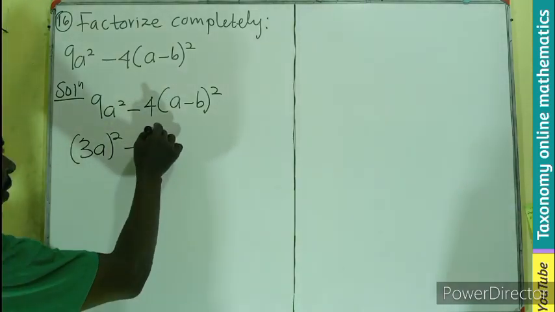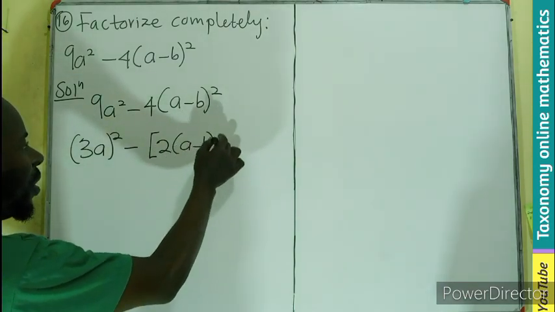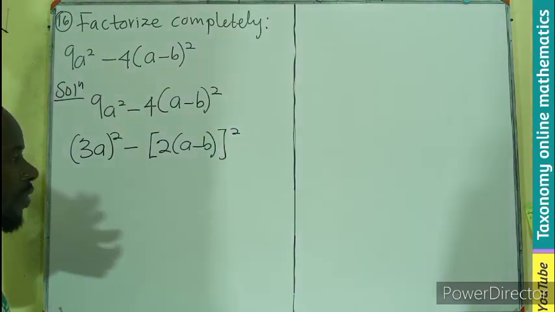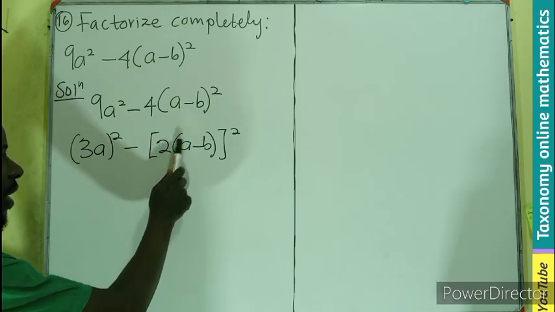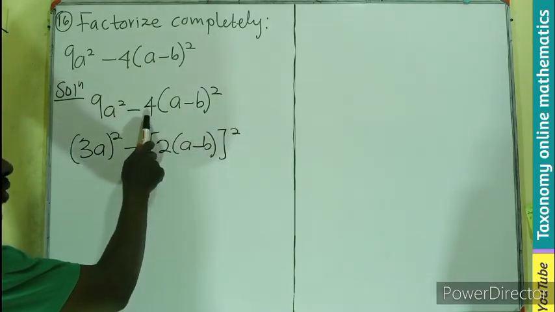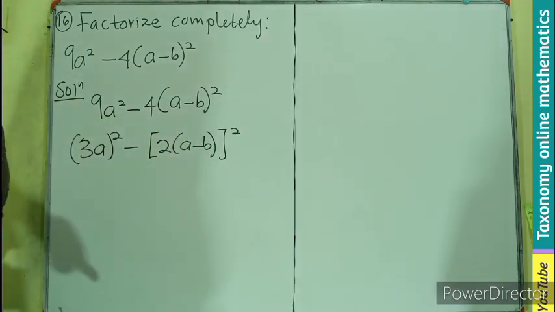So minus, I can have 2 into bracket a minus b all squared. So this square here means that if I find the square of 2, I get 4. A minus b all squared, I get the original term back.